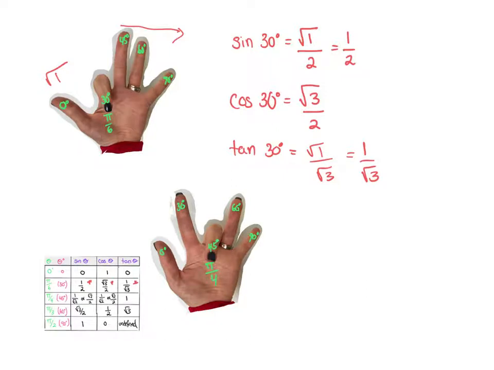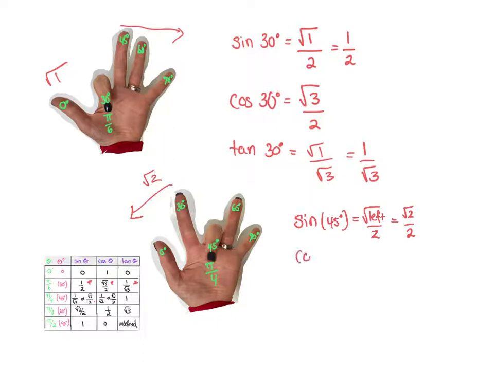Okay, so if we look at sine 45 degrees, it's always the square root of the left over 2. So I have a look at the fingers to the left of the finger I have down, so it is the square root of 2 over 2, which we can see is an option down here in our exact values table. That's the exact value.